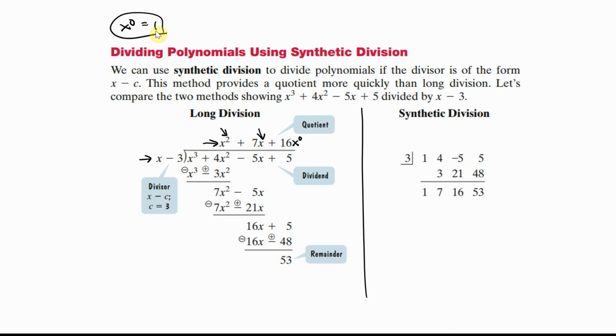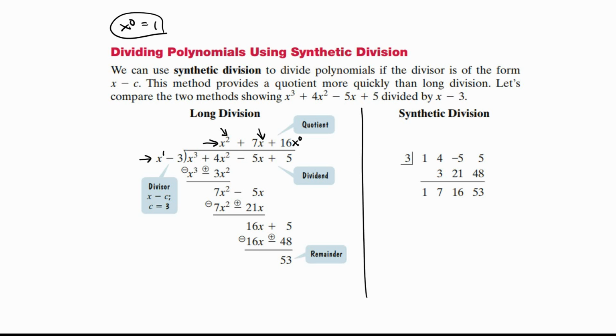You don't see that, but I just want to show you the descending order. And likewise, even here, this is x to the first power, and then minus that constant. If you're given a problem and it's not in order, you have to write the terms in descending order to divide. That's important.